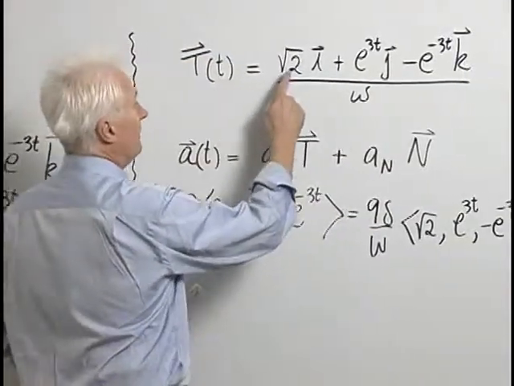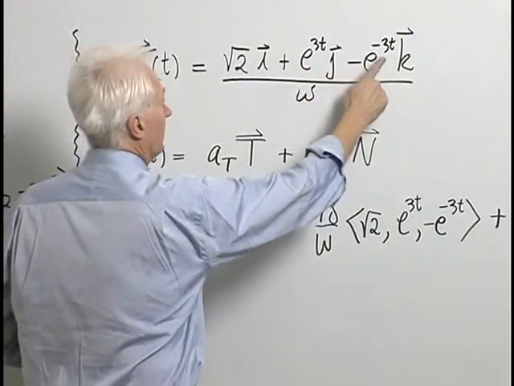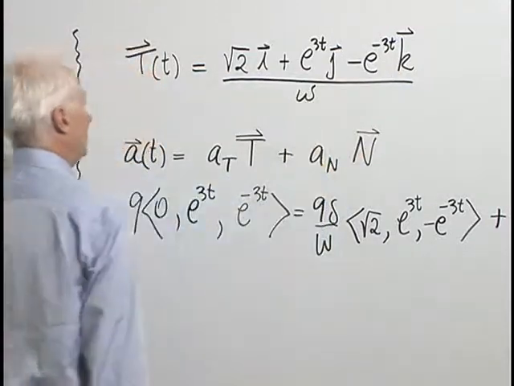Remember, our unit tangent vector was square root of 2 i plus e to the 3t j minus e to the negative 3t k, all divided by w.